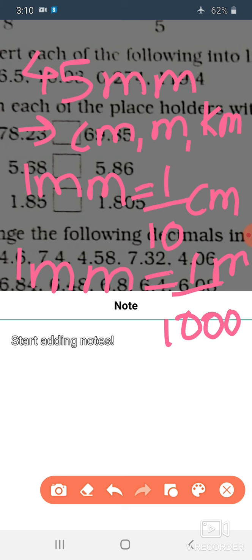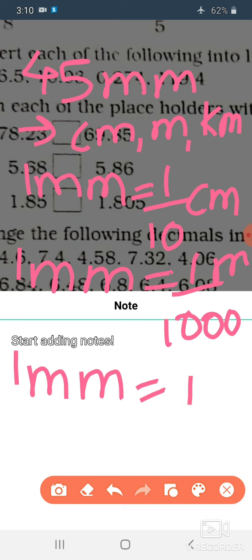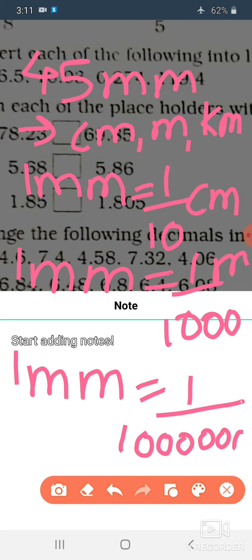This is the thing you have to learn. Remember it. First try to understand and then learn. And 1 millimeter is 1 upon 6 zeros. You have to put here now 3, 4, 5 and 6. Fine. Now you have to use these things to solve this question.